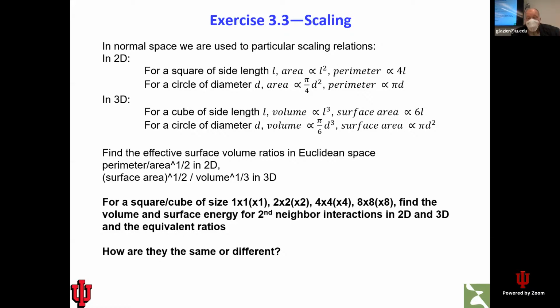If I go 3 by 3, the volume is 9. The surface of a square of 3 by 3 is 4 times 3 is 12. And so you'll see that the volume scales as the square of the length, but the surface area doesn't. The surface area doesn't increase as fast on a lattice as it does in Euclidean space.